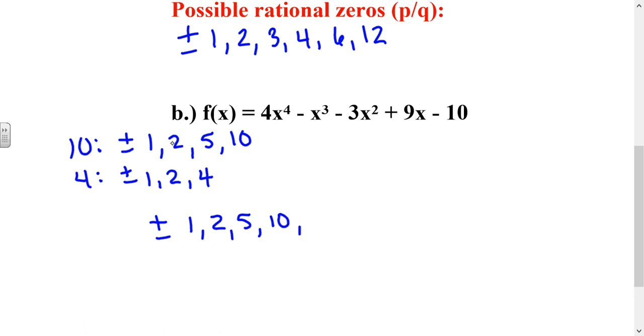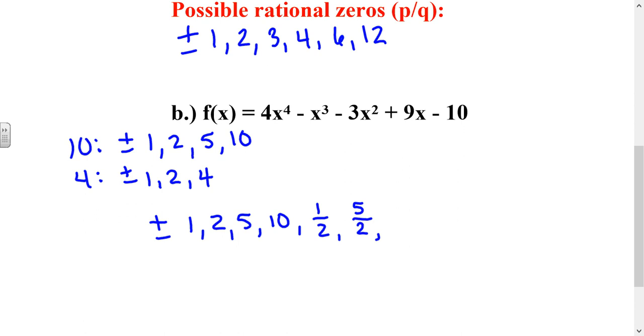But then we would have 1 over 2, 2 over 2, but 2 over 2 equals 1, so we don't really need to write that one down. Then we have 5 over 2, and then we have 10 over 2, but 10 divided by 2 is 5, which we already have, so we don't need to write that one down either.